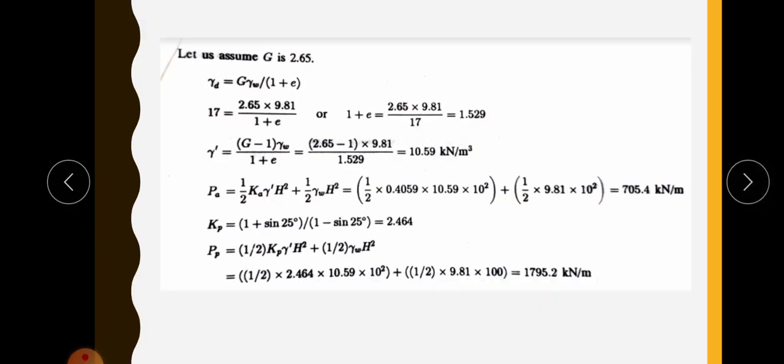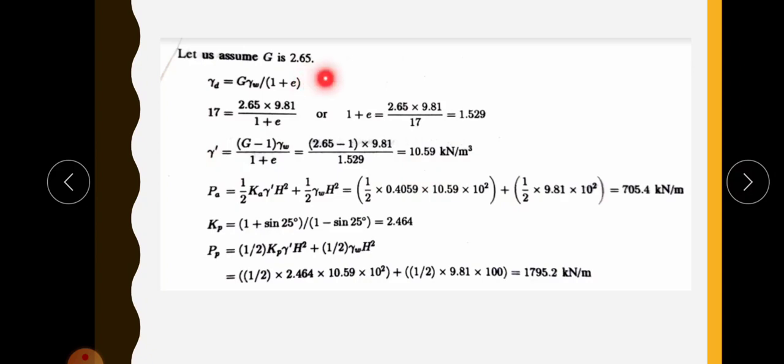Then we can use the equation, submerged unit weight is equal to (G minus 1) into unit weight of water divided by 1 plus E. Since we have calculated 1 plus E, we can put this value here and calculate gamma dash. In this question, since gamma dash is not given, you have to use the physical relationships between the soil properties which you studied in G1.